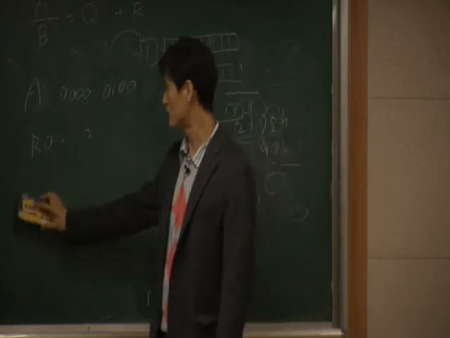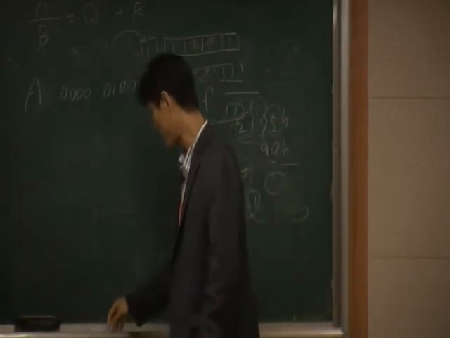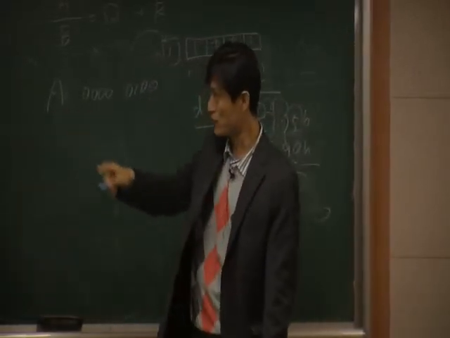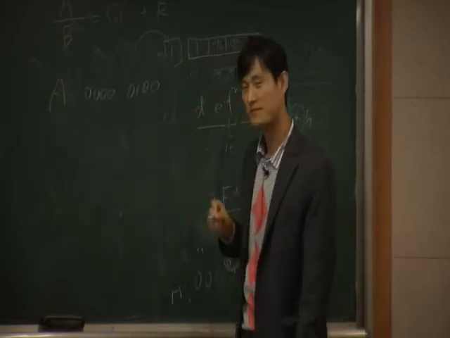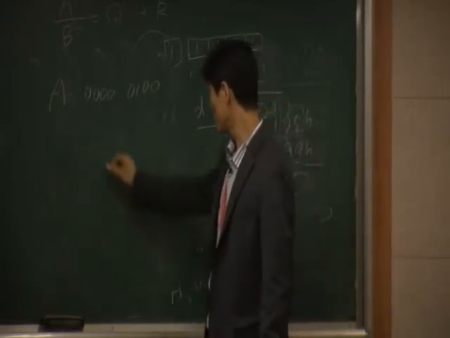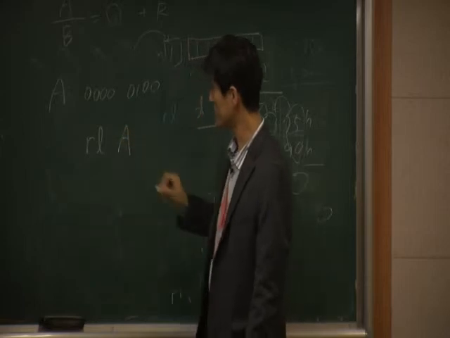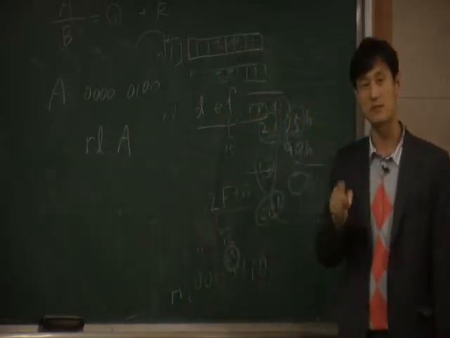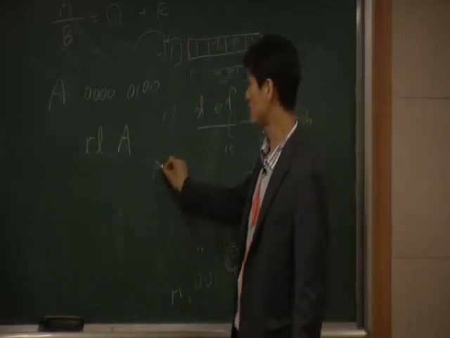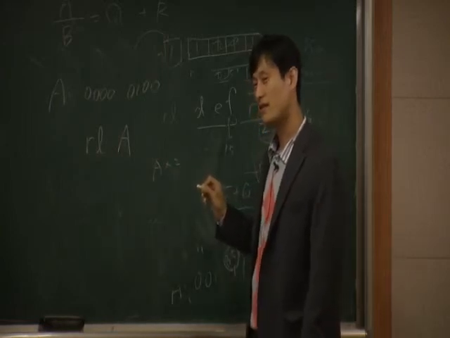A very, very easy way is to use RL. So simply, you want to do this. Then it's the same as A times 2. Why is that?